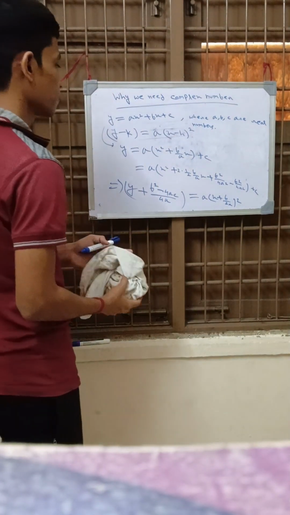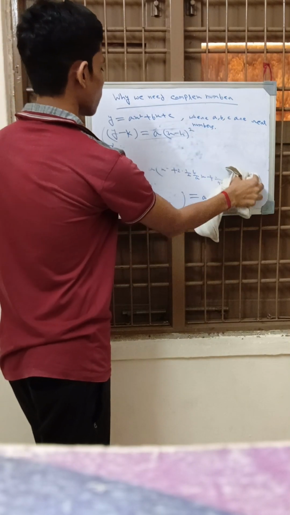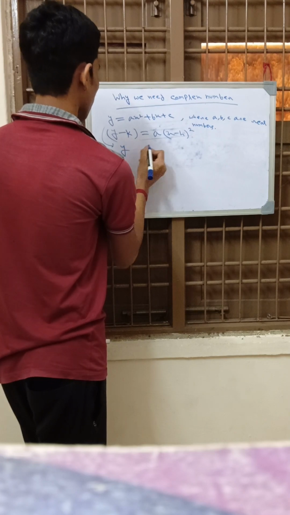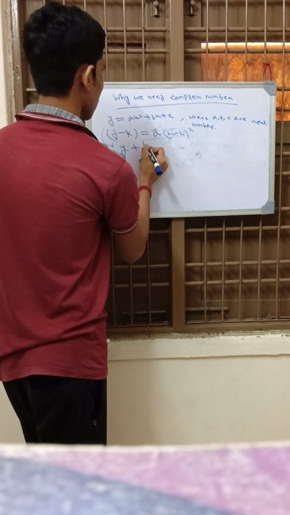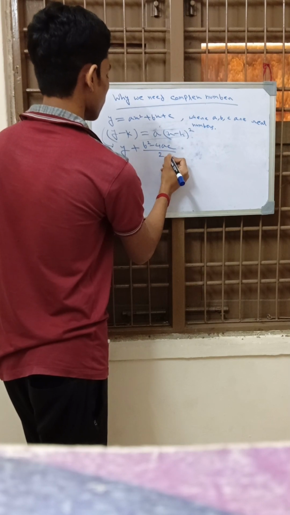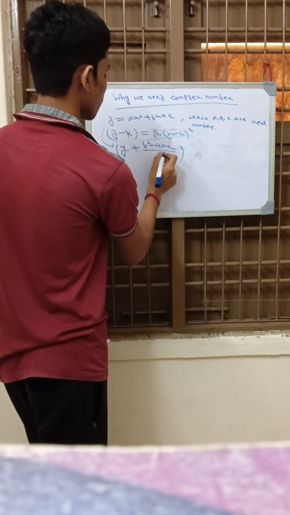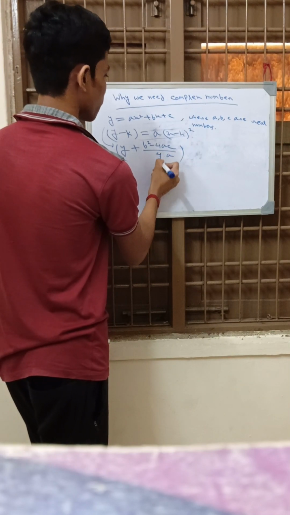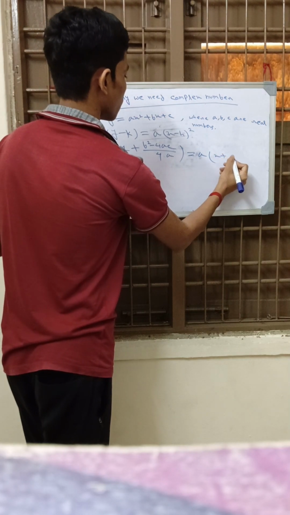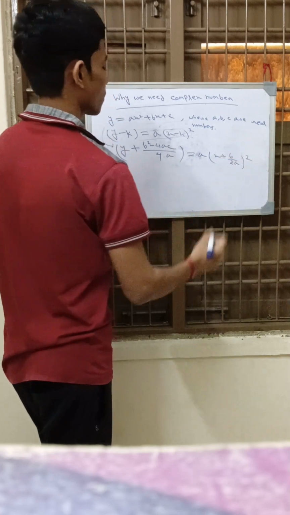So our equation y equals ax square plus bx plus c looks like y plus b square minus 4ac by 4a equals a into x plus b by 2a whole square.